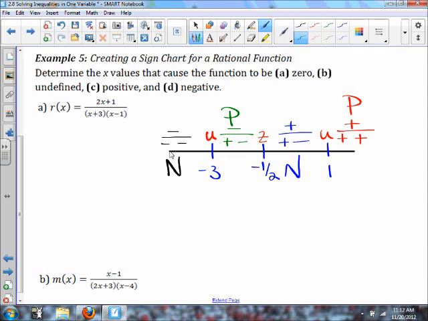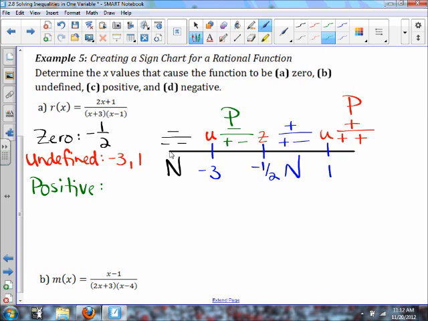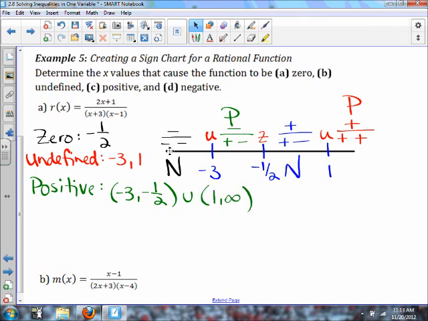Now for part A, where is it going to be 0? It's only going to be 0 at negative 1/2. Where is it going to be undefined? Negative 3 and 1. Where is it going to be positive? It's going to be positive between negative 3 and negative 1/2, in union with 1 to infinity.